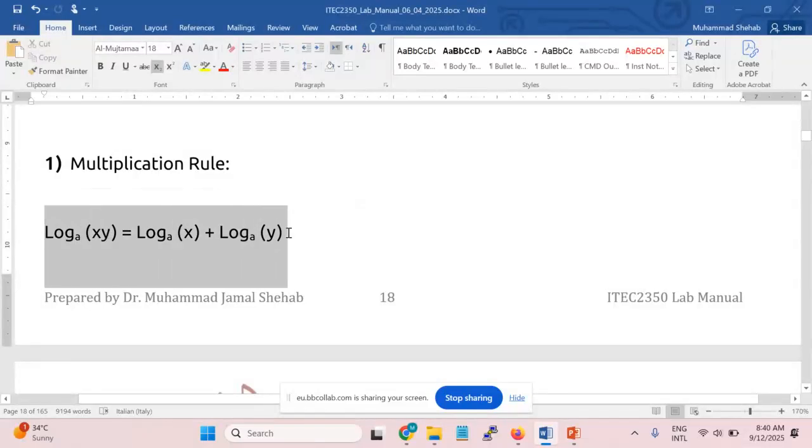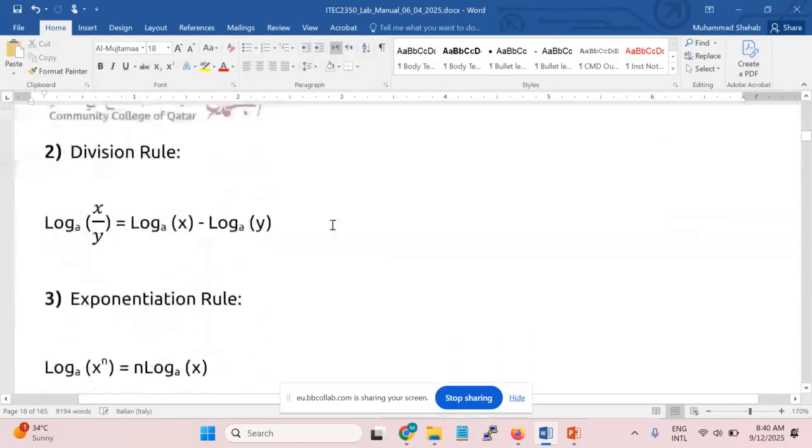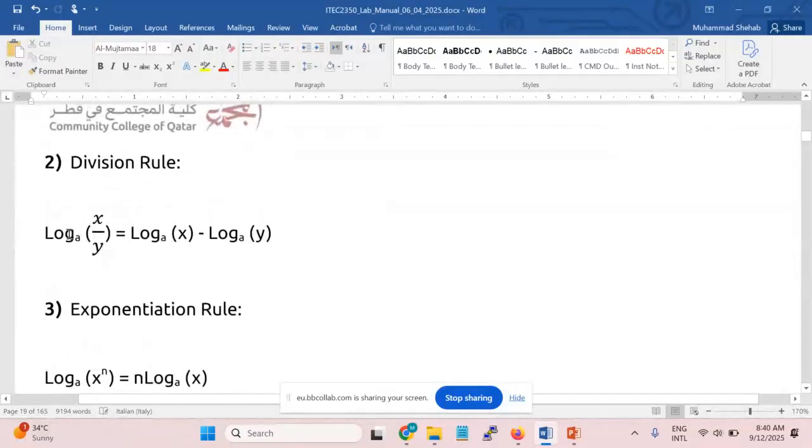But this formula will apply to all. It will apply to log base 10, log base 2, log base e, etc. So for this reason, he wrote a. Okay, but we are interested in log to the base 10. So log of x times y equals log x plus log y. Division rule, log of x divided by y equals log x minus log y.